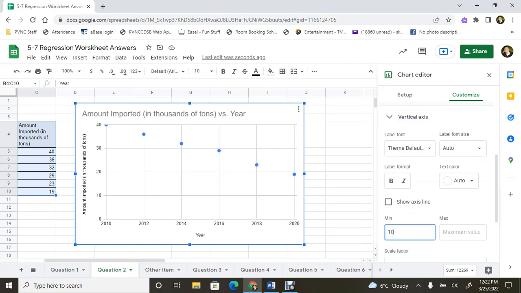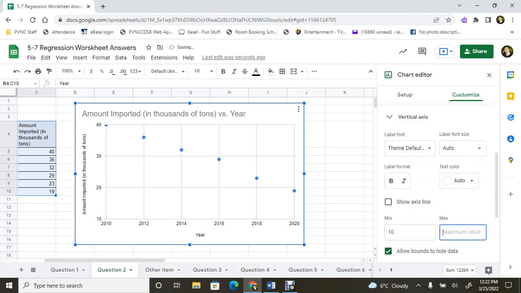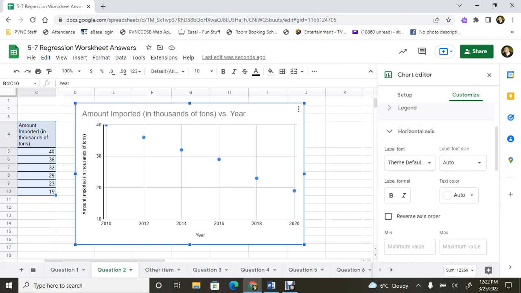I want to go from 10 to 40. There we go. 10 to 40, and we'll show the axis line. And the other way, I guess I'll go from 2010 to 2020. Okay, I'll keep that. Let's go to the horizontal axis so it's clear. 2010 to 2020.